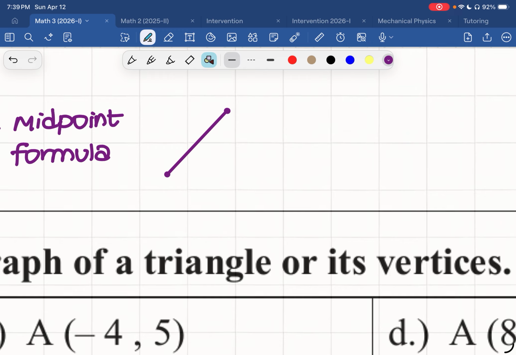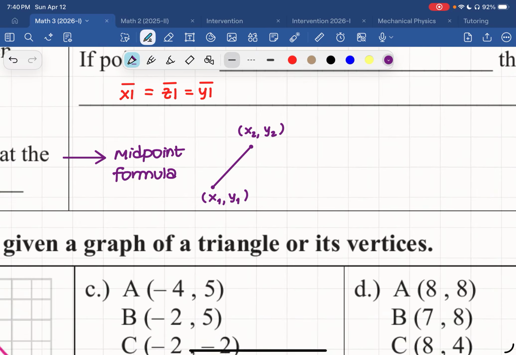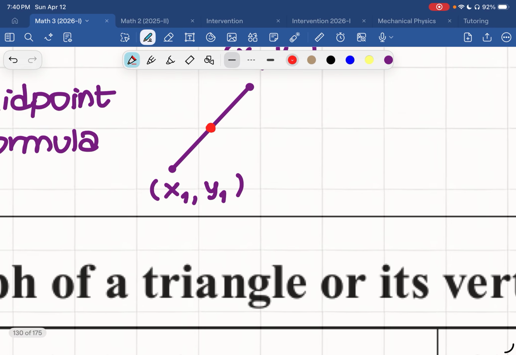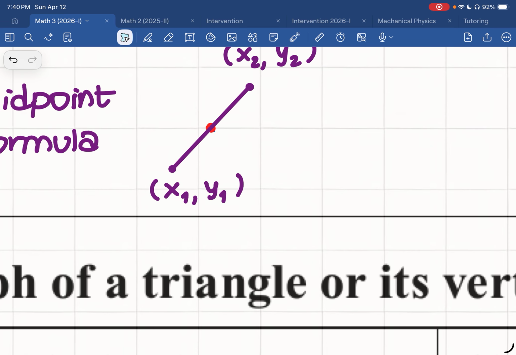Let's say the coordinates of this point are x1, y1, and the coordinates of this point are x2 and y2, right? How do I find the coordinates of the center of that distance, okay?